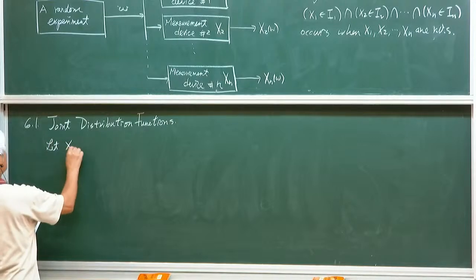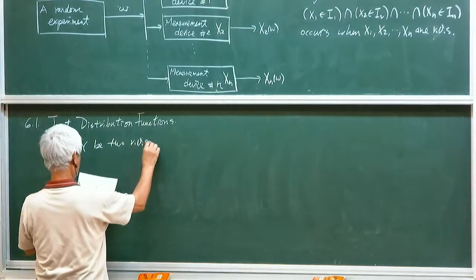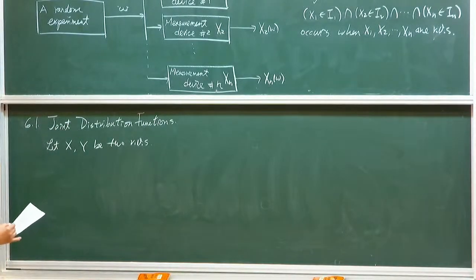Okay, so we start with two random variables. All right, so let x, y be two random variables. Okay, so we already know them.